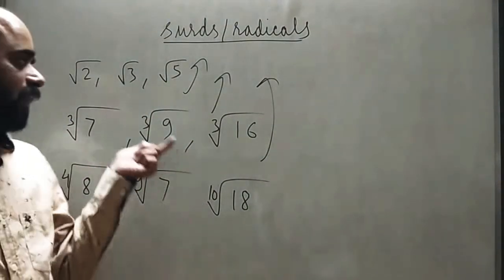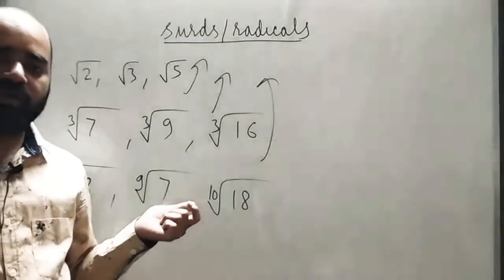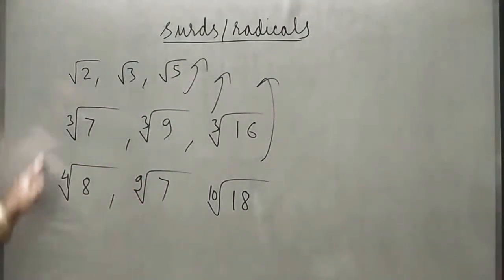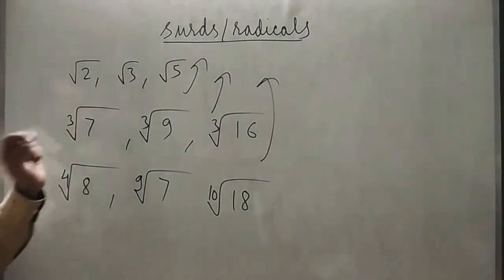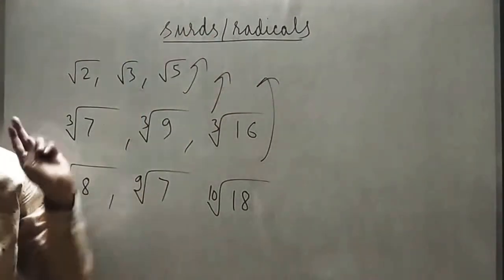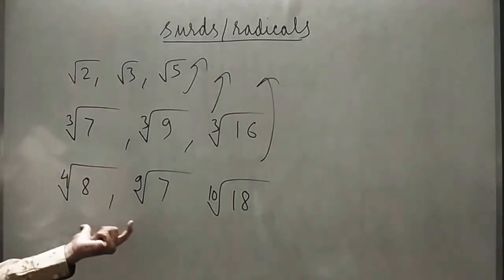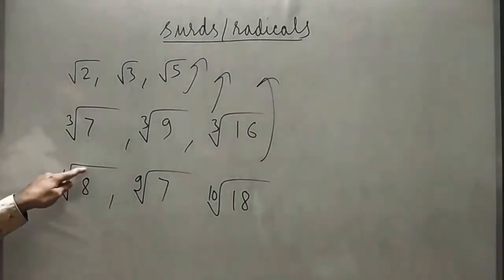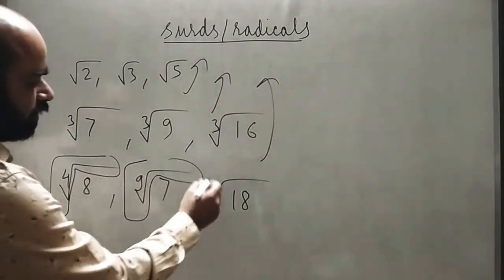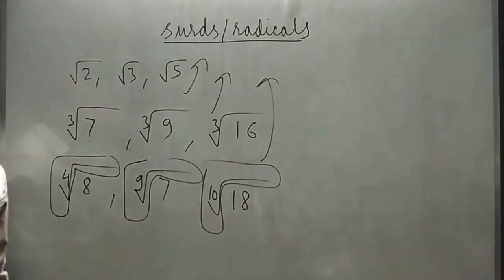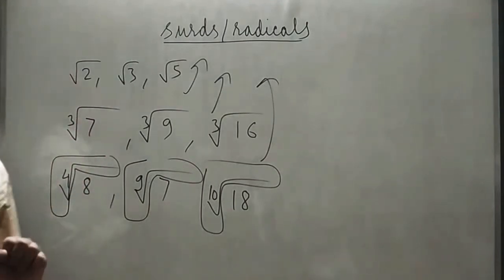Irrational numbers may be in decimal, non-repeating, non-recurring, but here we cannot remove the radical sign or this root sign. That is why they are called surds or radicals. This sign is called the radical sign. Clear? So these are surds or radicals.